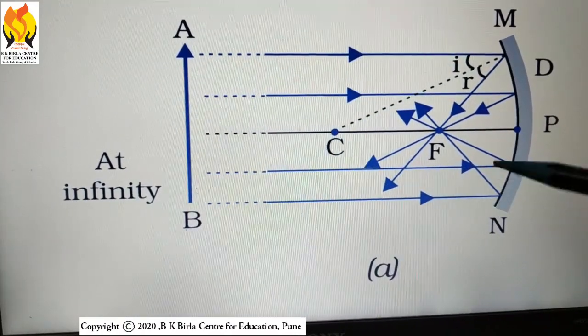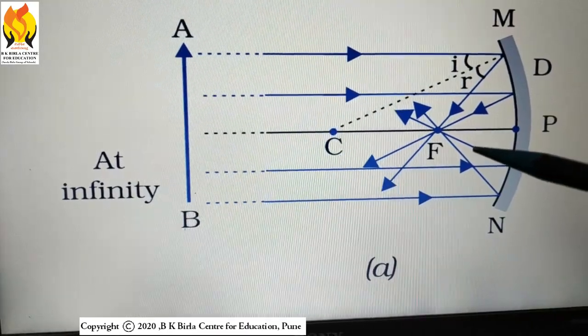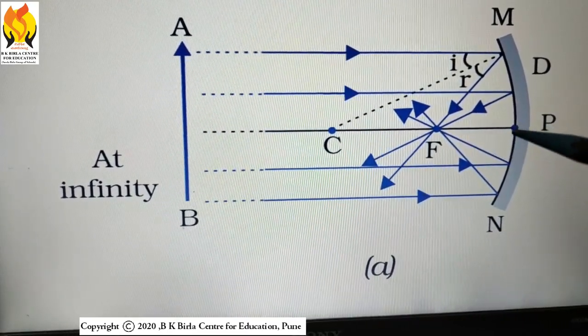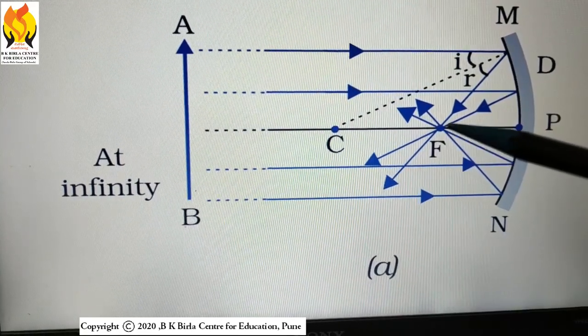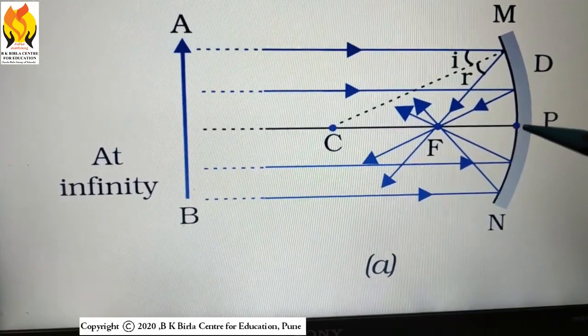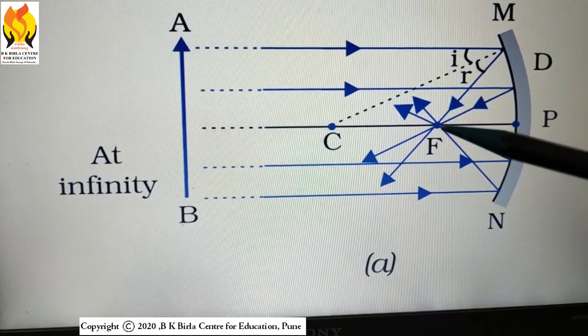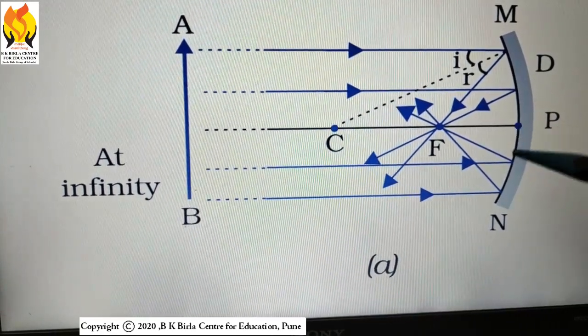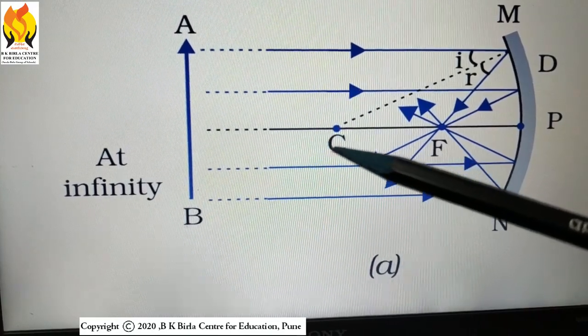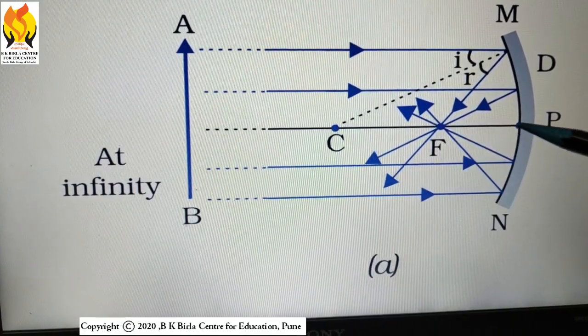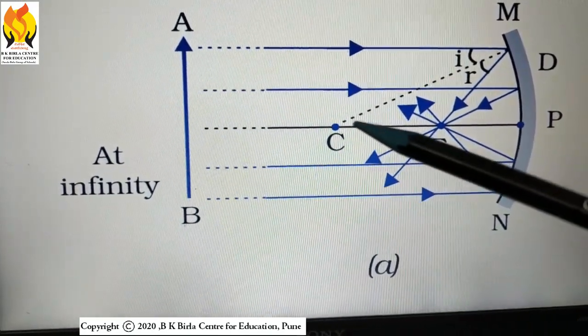Now let us discuss the distances which we can measure from the point P. The distance between point F, which is the principal focus, and the point P is called the focal length. Another very interesting distance is the distance of the center of curvature from the pole, which is called the radius of curvature.